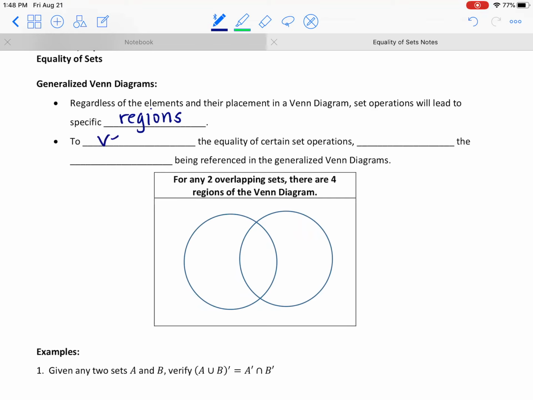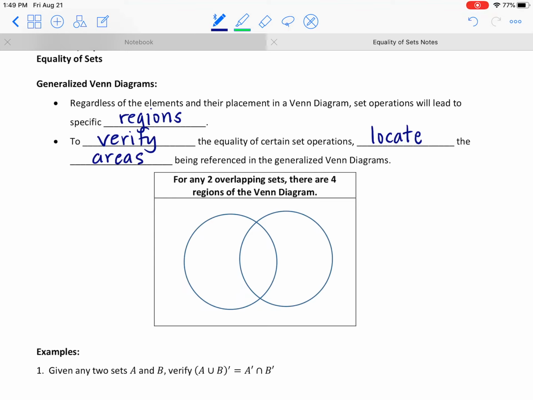And to verify the equality of certain set operations, that means to verify if these operations are going to lead us to the same places in the Venn diagram, what we want to do is locate the areas of the Venn diagrams that are being referenced by those operations.